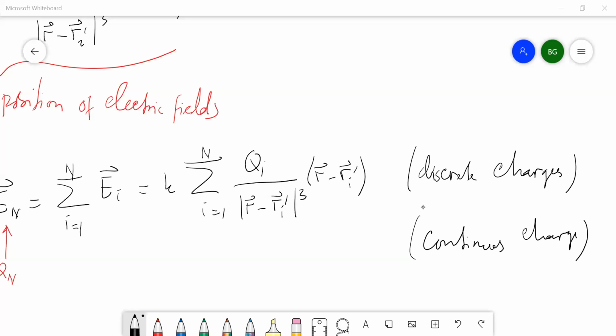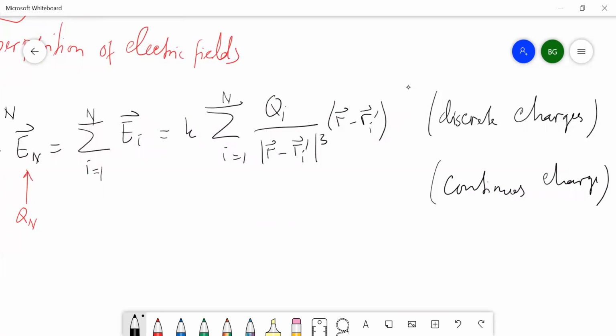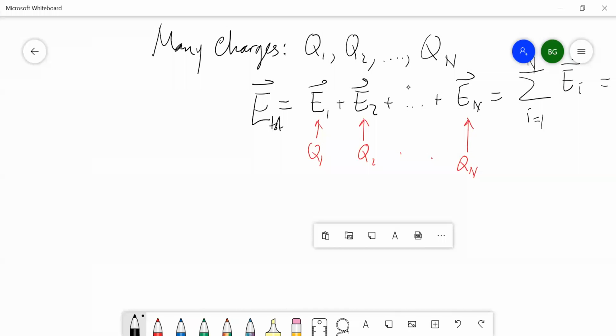That is discrete, even if we see it as a continuous thing. So continuous charge is an approximation.